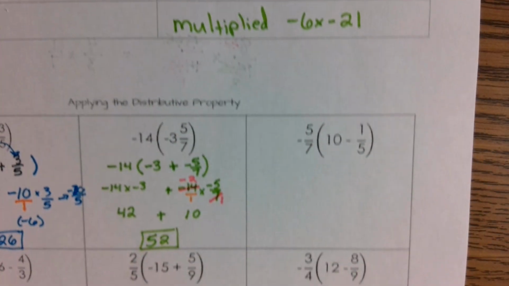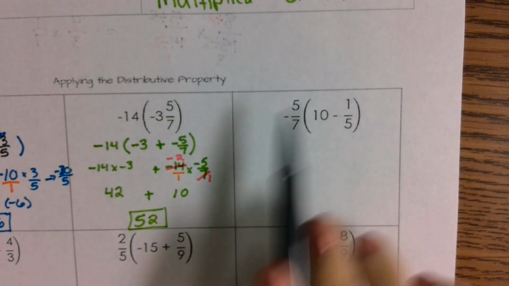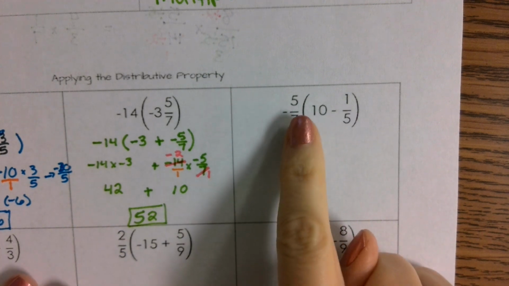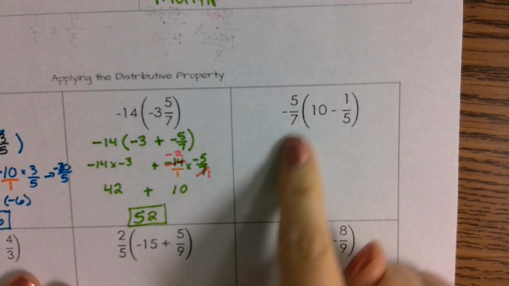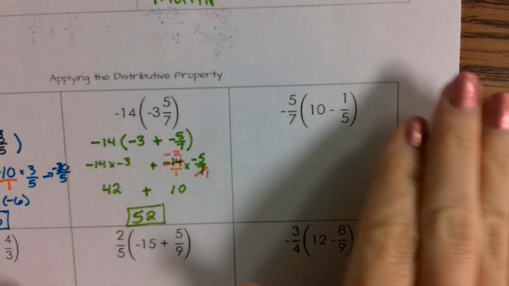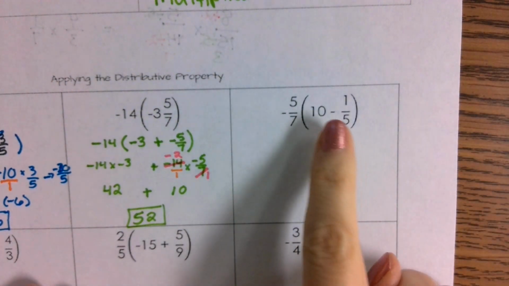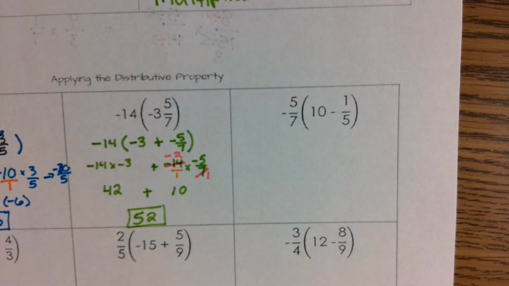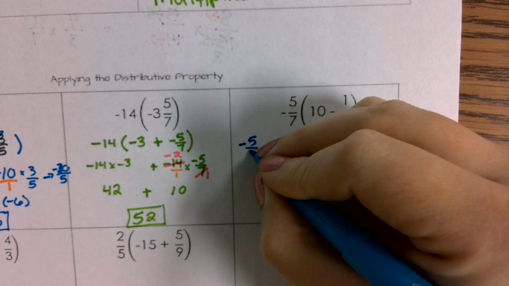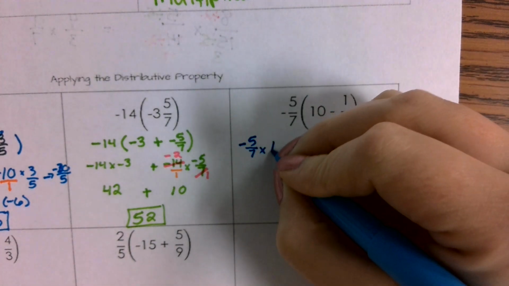So let's go back to here. We're just going to do one more example right here, and then I'm going to let you guys get on to your Delta Math. Okay? So for this problem, again, we've got a fraction on the outside to get distributed to both components on the inside. So we're going to do negative 5 over 7, and we're going to multiply it by a 10.